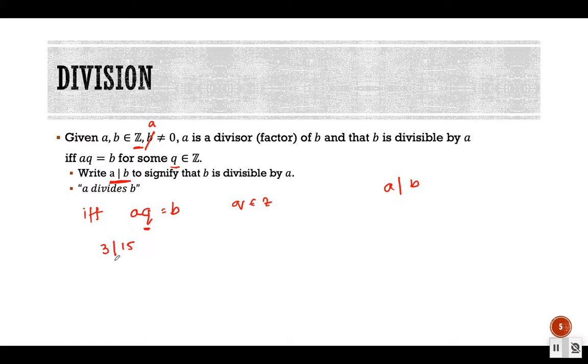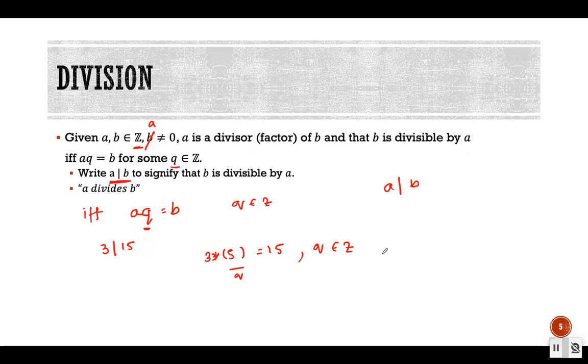If we can represent 15 as 3 times some number, where that number q belongs to the integers. We know we can represent it as 3 times 5. 5 is an integer, and we can represent 15 as 3 times 5.